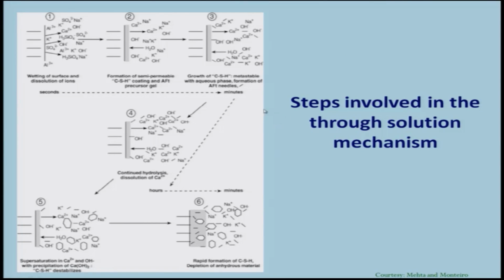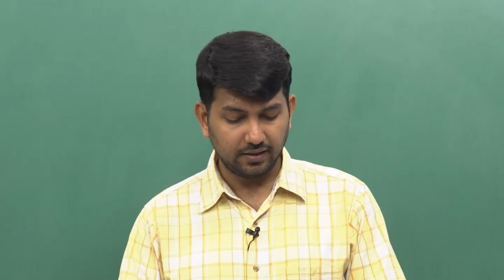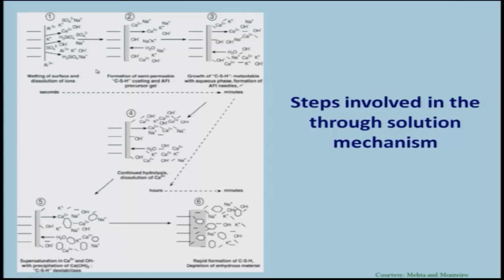Now, what this figure shows is what happens step by step with time. So, there are totally 6 different cases provided. In the first case, where wetting of the surface and dissolution of ions happen, you can see here that you have Al, K+, sulfate ions, OH- ions, calcium.